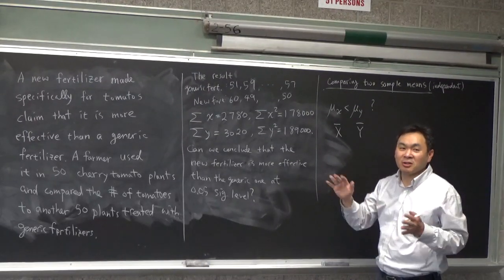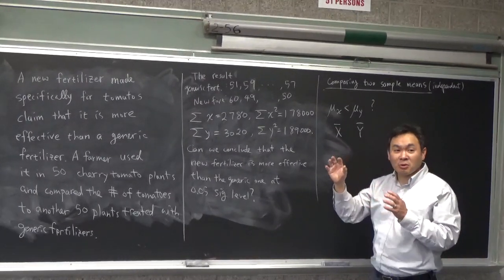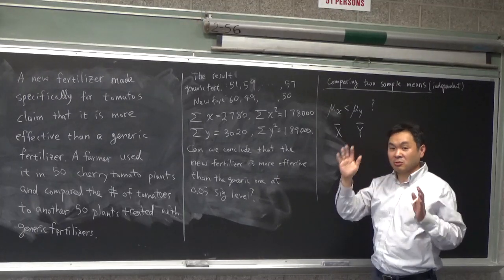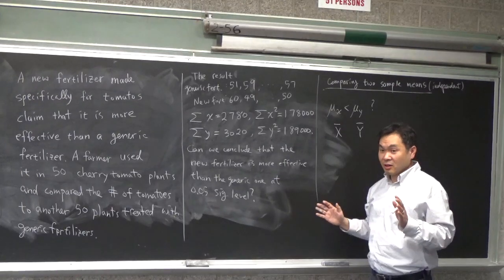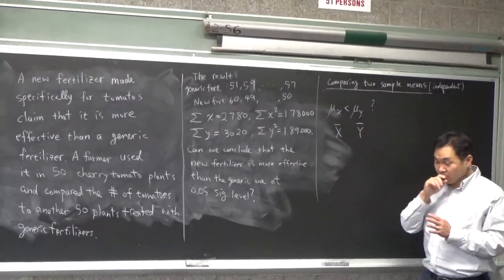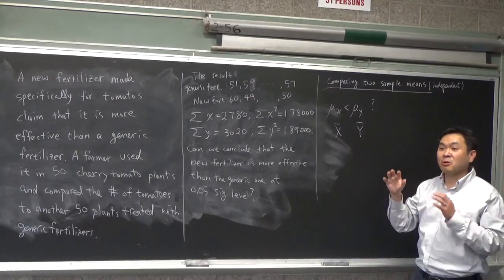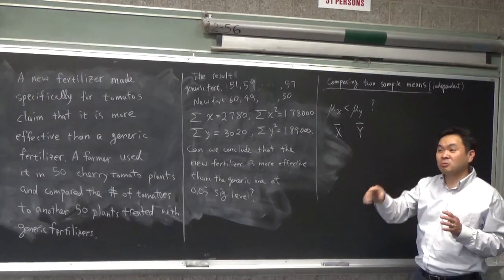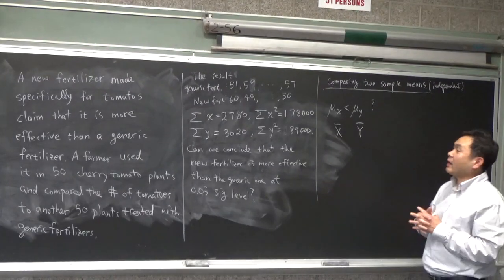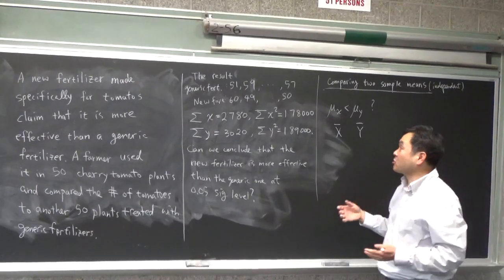Some people say 100, but the bigger the number becomes, the better your approximation of the population standard deviation becomes, and therefore there's less uncertainty. And you can actually see that when you send degrees of freedom to something really large, the t-distribution becomes closer and closer to the normal distribution. So we don't have to use the t-distribution if you have a bigger sample size here.